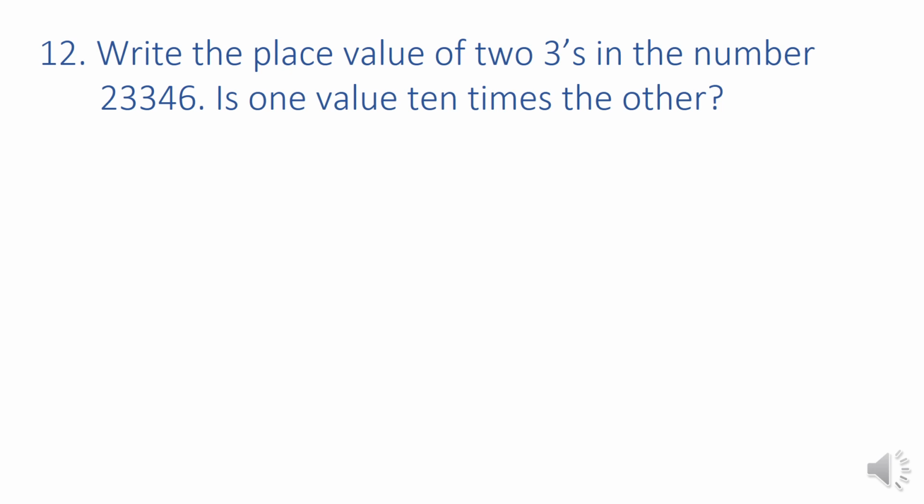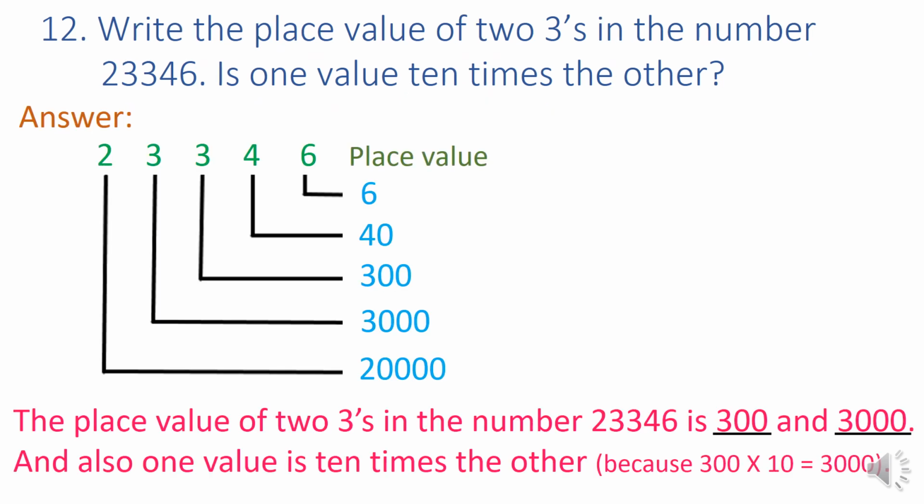Our question is write the place value of 2 3's given in this number. Our number is 23,346. This number has 6 ones, 4 tens, 3 hundreds, 3 thousands and 2 10,000s.